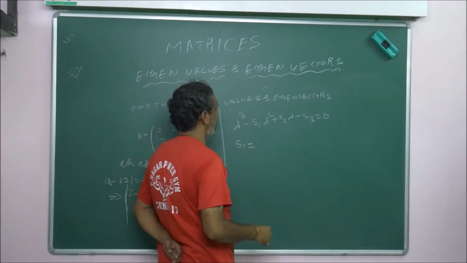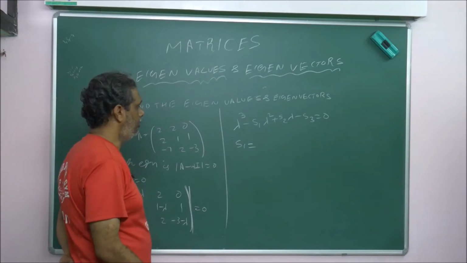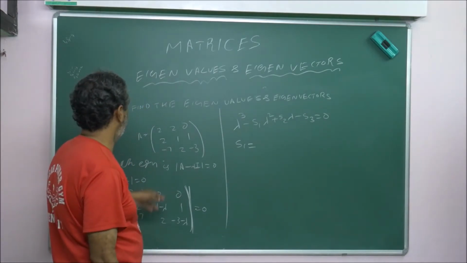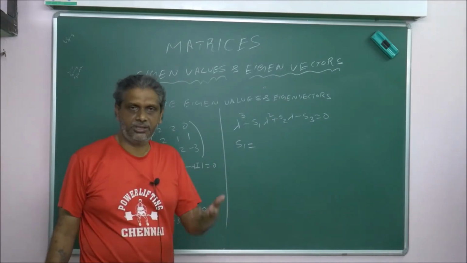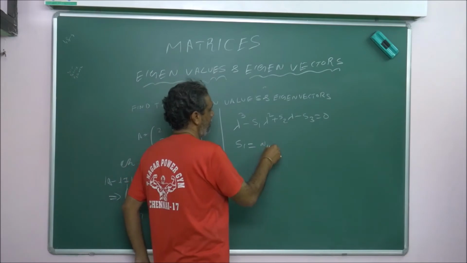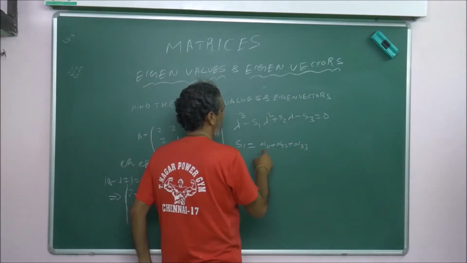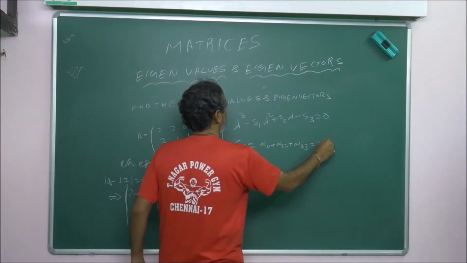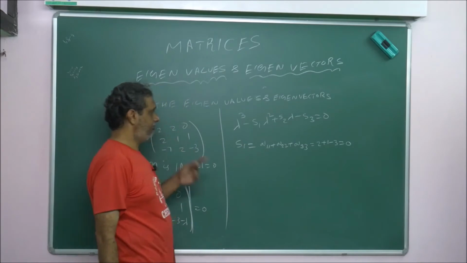Sum of the diagonal elements, where the row number and column number are the same: 11, 22, 33. Some people say leading diagonal, principal diagonal, but there is only one diagonal. So s1 is a11 plus a22 plus a33, that is 2 plus 1 minus 3, which is 0. I did this yesterday already, so I am going very fast.